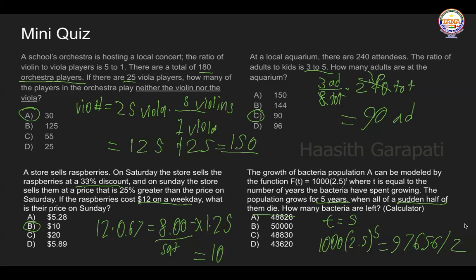So we divide this by 2, and you should get an answer of 48,828.15. Now, remember, none of the answers here are exact, but we gotta choose the best answer.